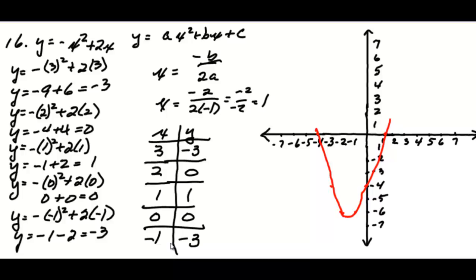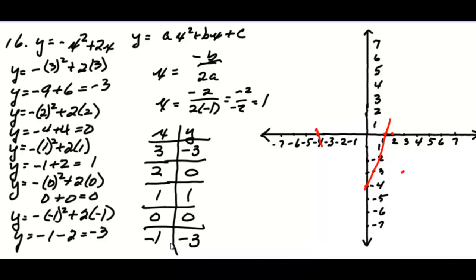I'm going to quickly erase the major portion of our graph. Can't erase all of it, but I'm going to erase that, because what I want to show you is what happens when we plot this other graph. If x is 3, y is minus 3, so it sits down here. But when x is 2, y is 0, so that's right here.